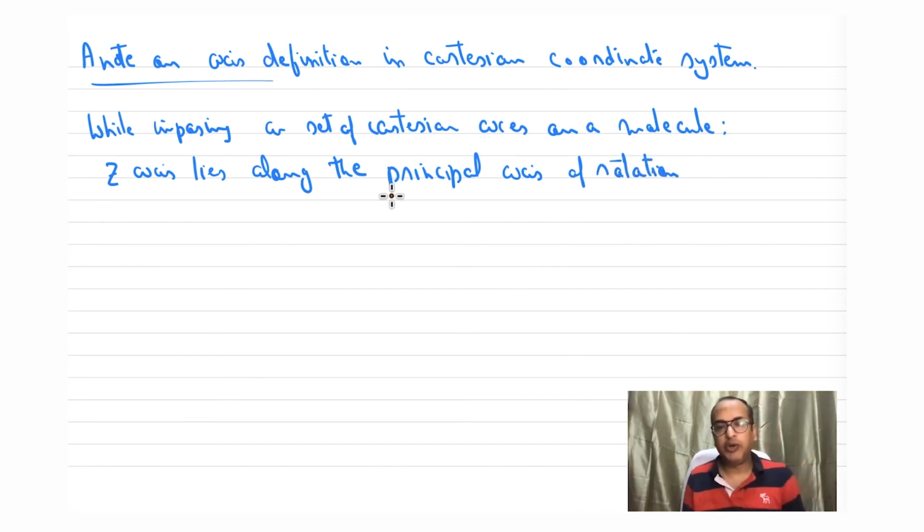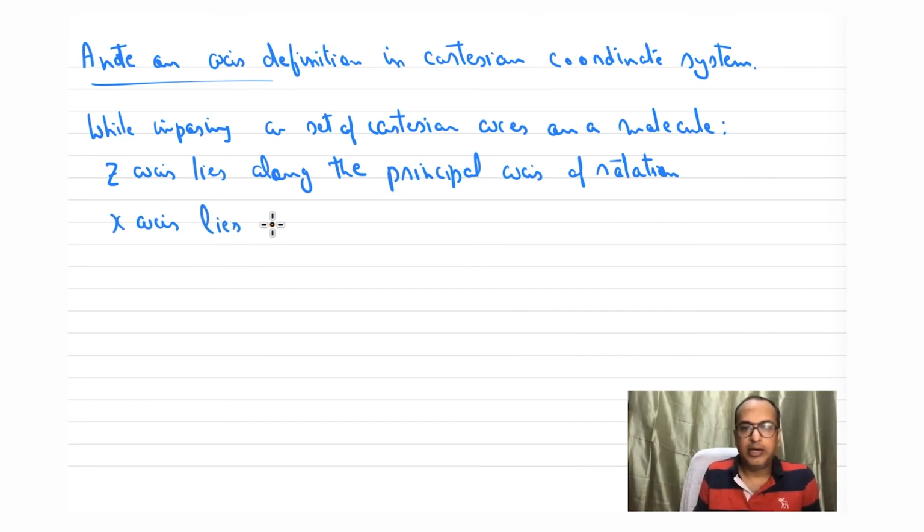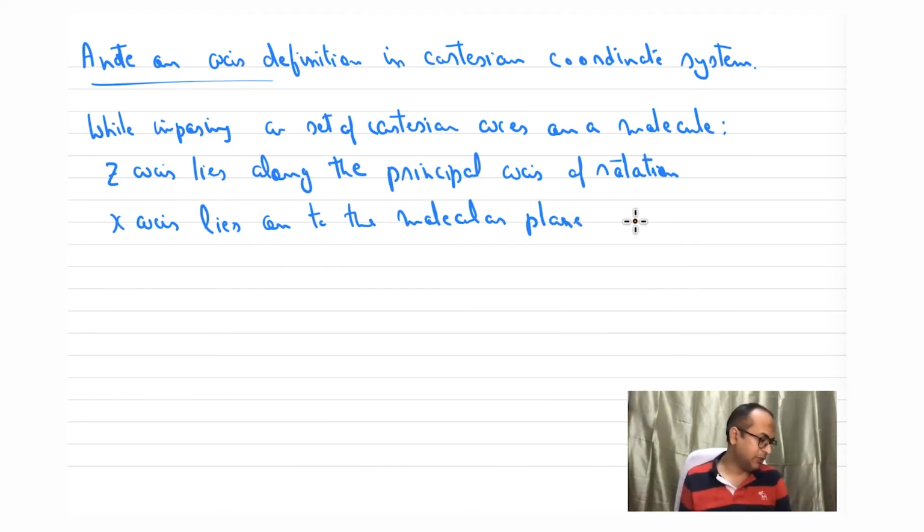So if you don't know where the principal axis is, you will put the molecule incorrectly in the Cartesian coordinate system, because if you're not putting the z-axis along the principal axis, you might not get correct results for the problems, right? Then the x-axis lies onto the molecular plane. Of course, it has to be perpendicular to the z-axis or the principal axis.